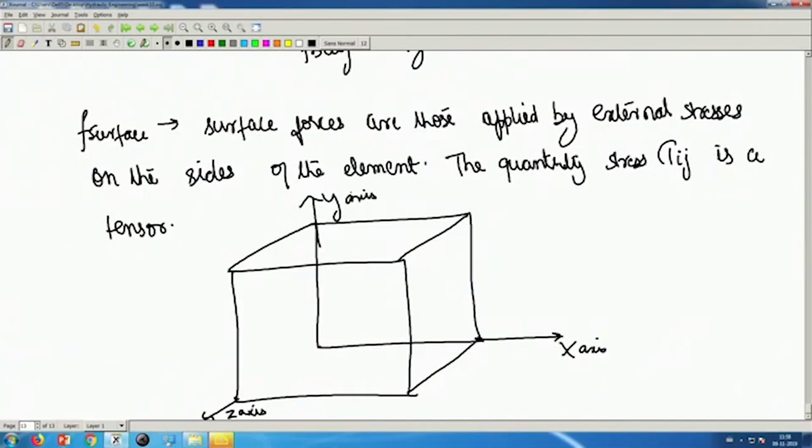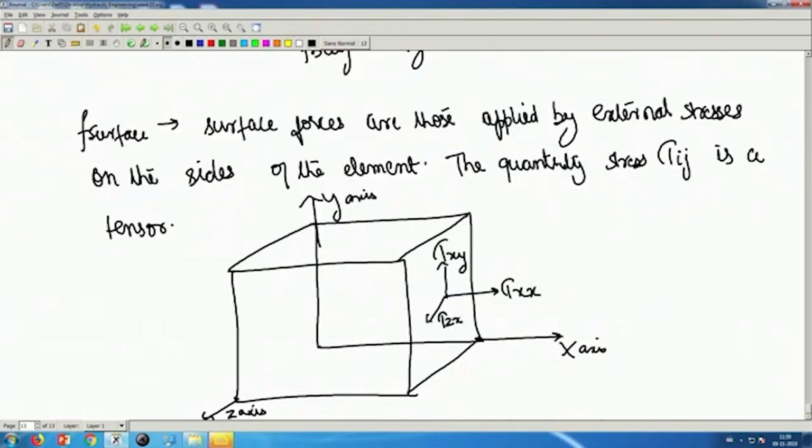The stresses on the sides need to be represented. On this x side, the normal stress is going to be tau xx. The shear stress on this face going in the y direction is called tau xy, and the one acting here is tau zx.